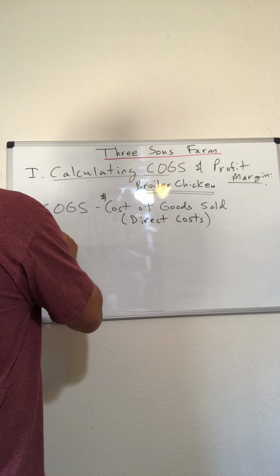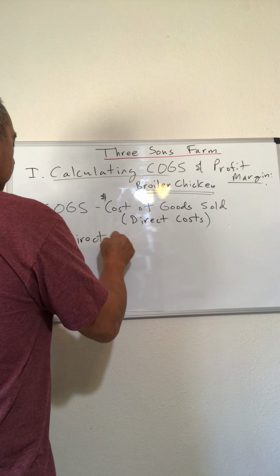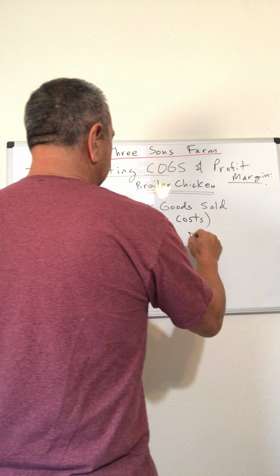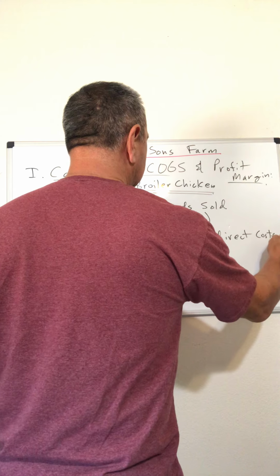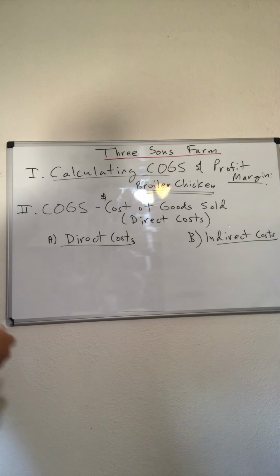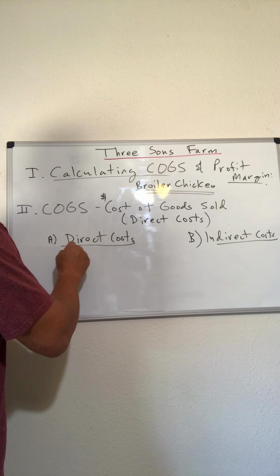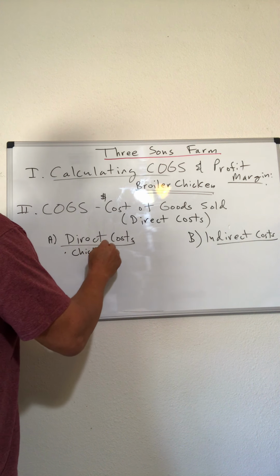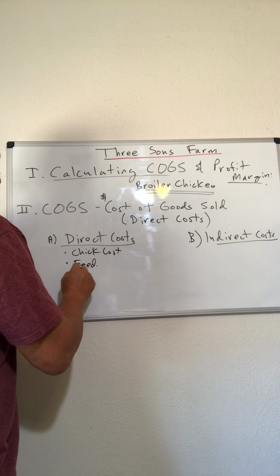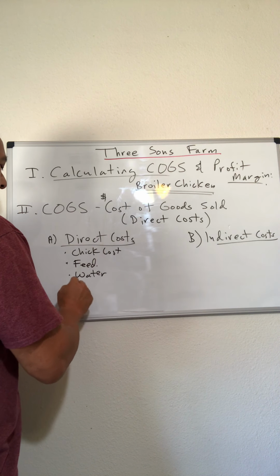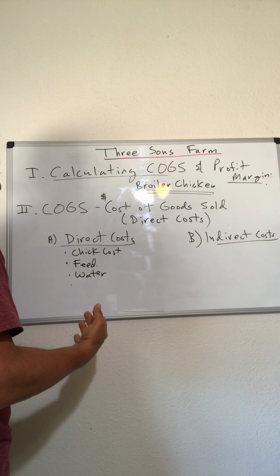Okay, we're going to compare direct costs and indirect costs. For the broiler chicken, of course, the direct costs are the cost of the chick, feed, of course, water, and you can make your list as detailed as you'd like. I'm just going to throw a few things up here.